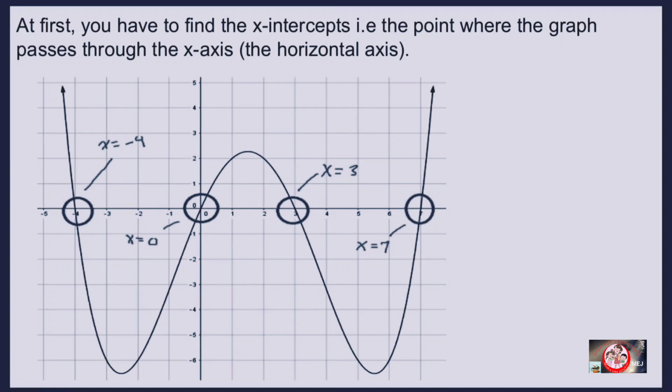In this polynomial, the graph passes through the x-axis at 4 points: x = -4, x = 0, x = 3 and x = 7. Then we can say this graph has 4 zeros, that is -4, 0, 3 and 7.